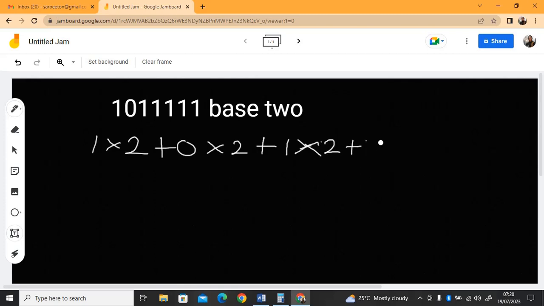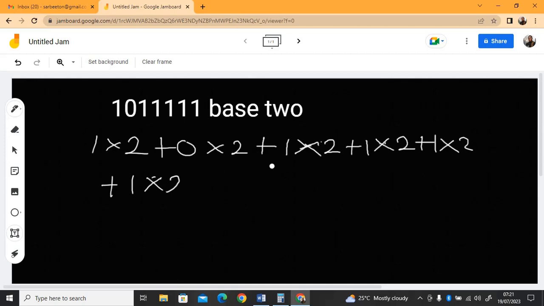Plus 1 times 2, plus 1 times 2, plus, sorry for bringing it down here, 1 times 2.